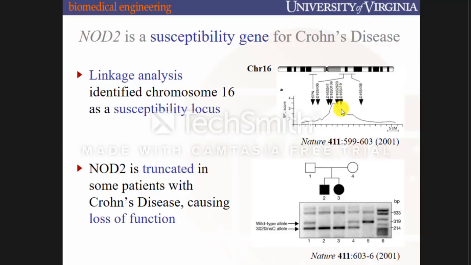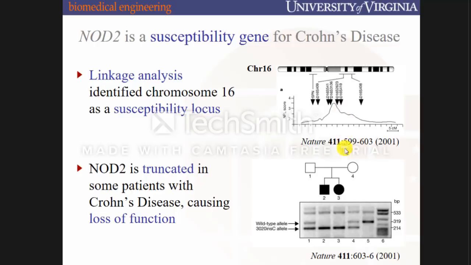And what the next group did was they did a family pedigree analysis. They found a mom and a dad who don't have Crohn's disease, but have two kids who both have Crohn's disease. And so they were able to analyze the children's versus the parents' expression of different genes.